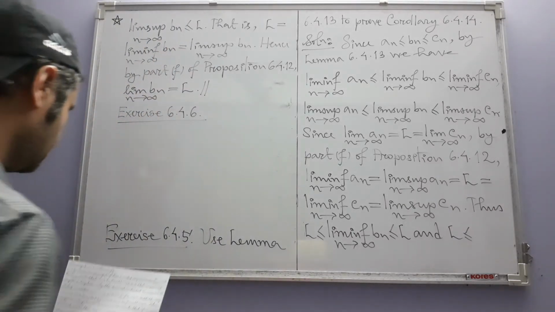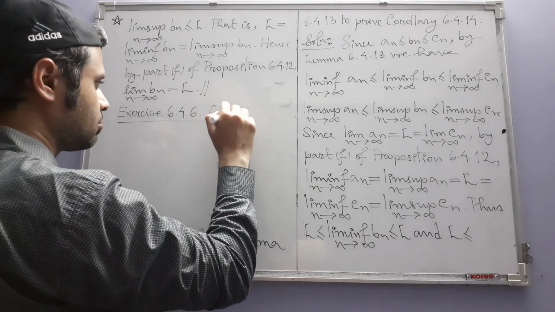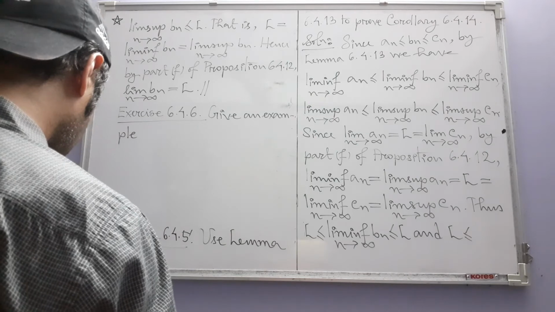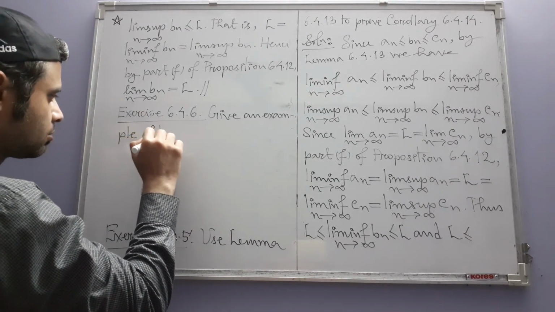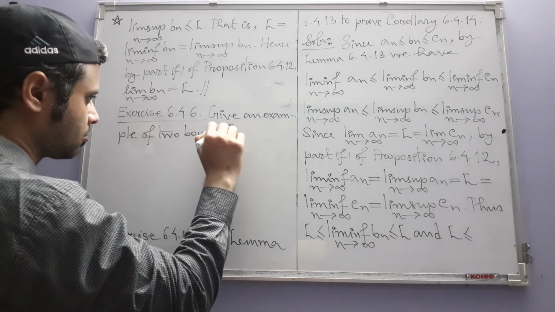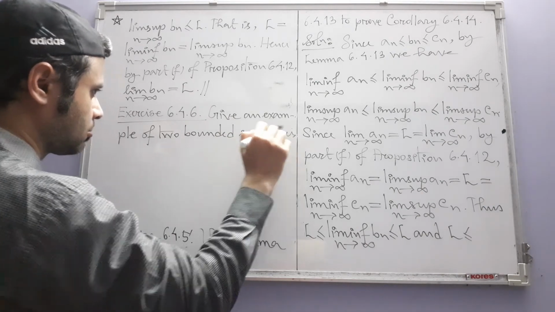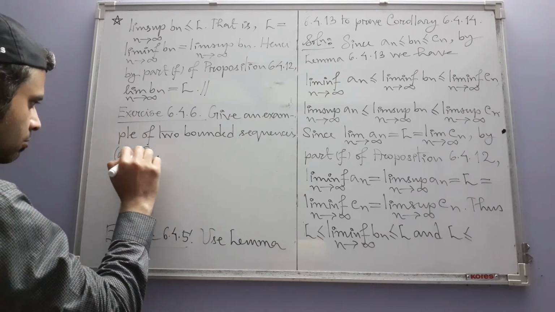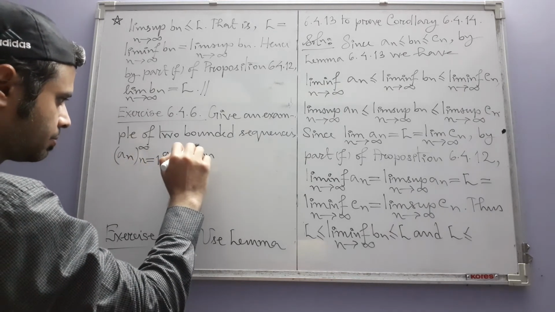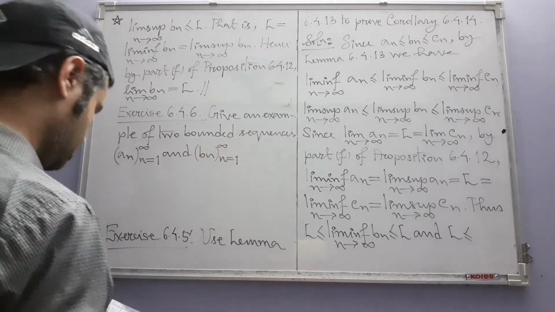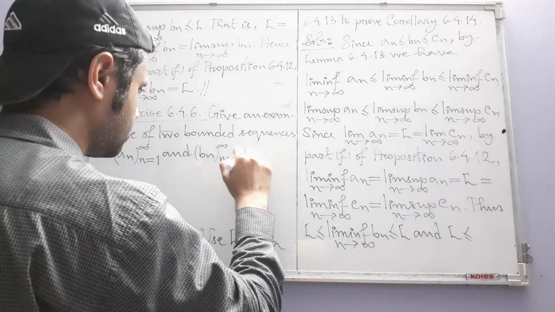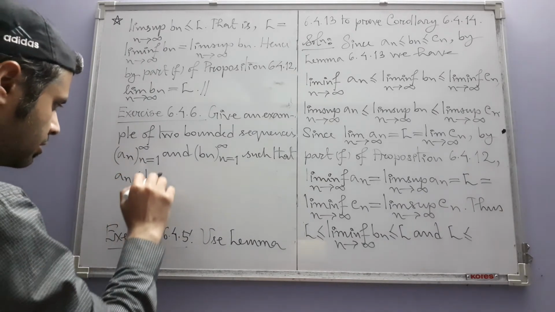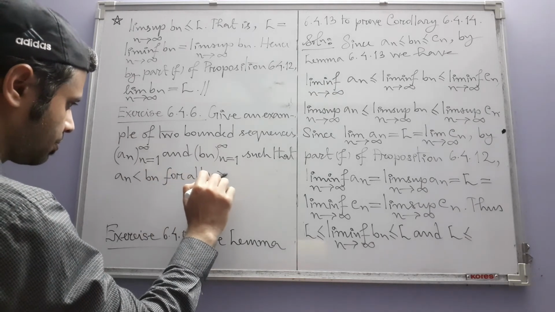Exercise 6.4.6. Give an example of two bounded sequences An and Bn such that An is strictly less than Bn for all positive integers n.